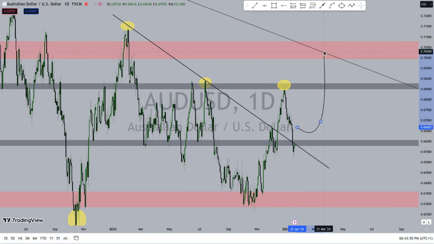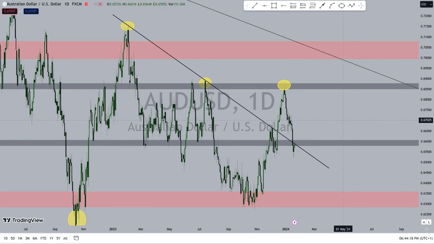But obviously you can see it came and broke this major trend line, and now it is just acting on top of that trend line.